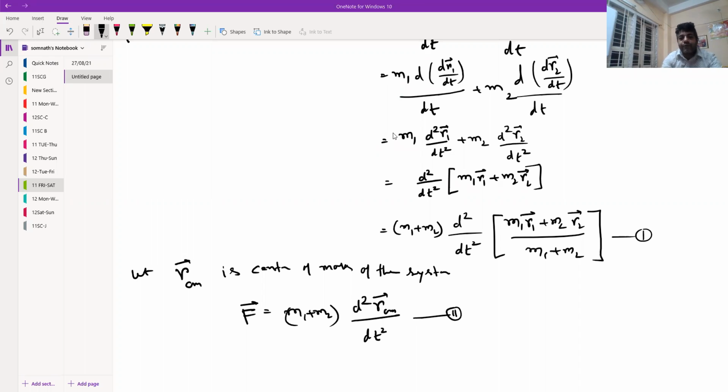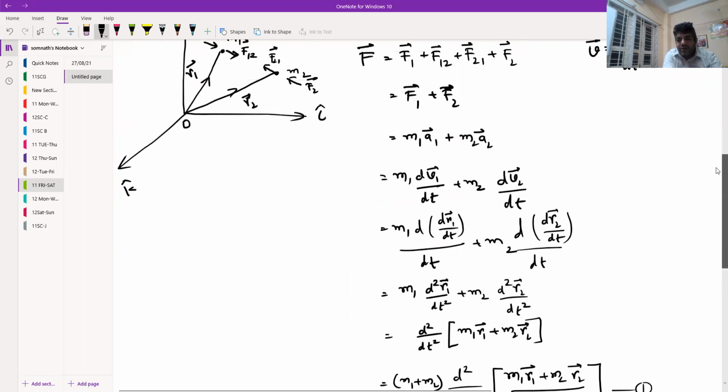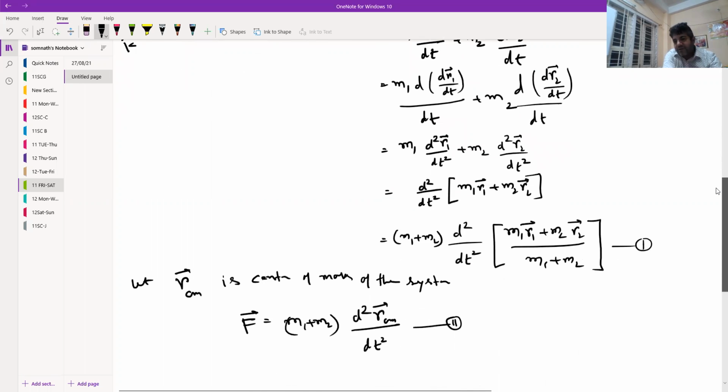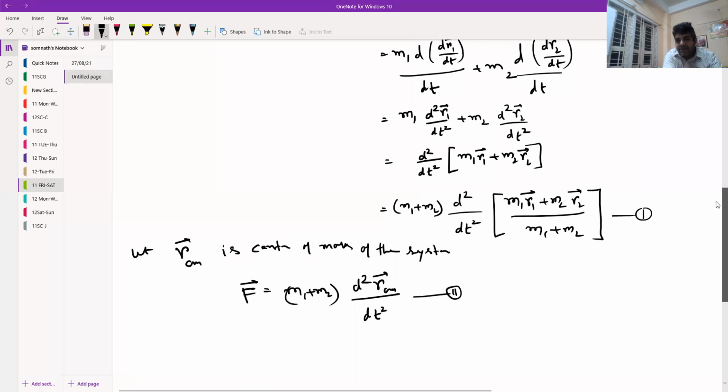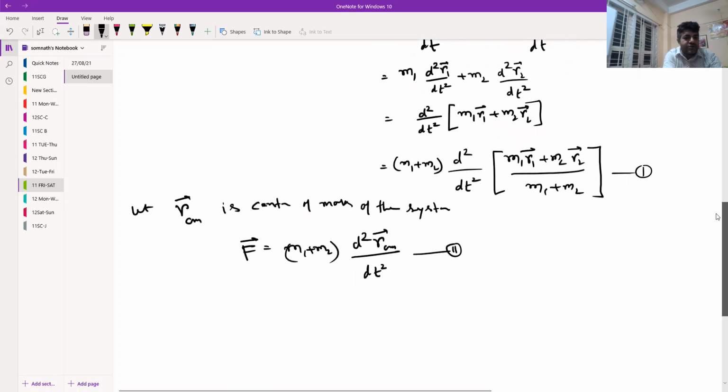So now see, in both the equations, the first one is your total force, that is m1 plus m2 double differentiation of m1 r1 plus m2 r2 by m1 plus m2, and the second one is m1 plus m2 double differentiation of position.